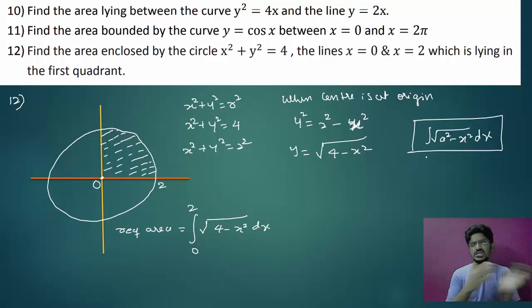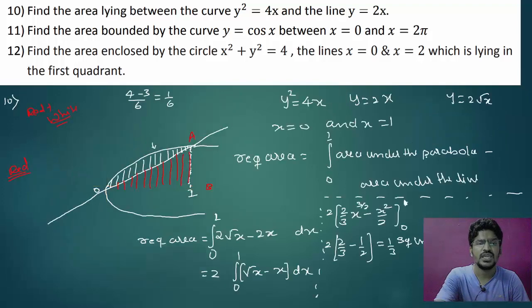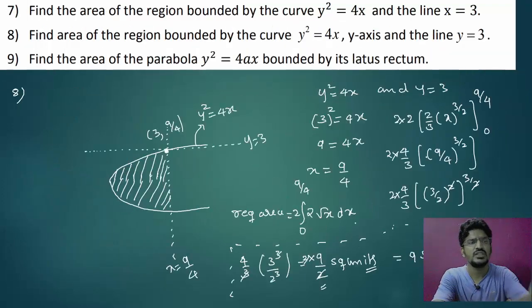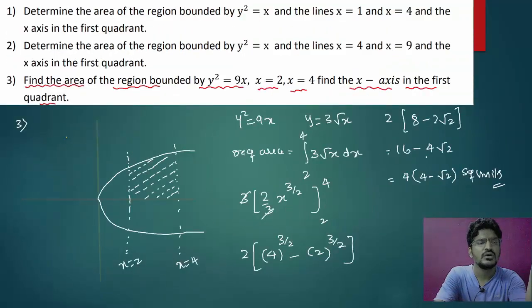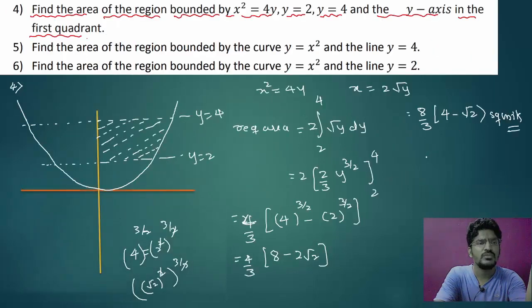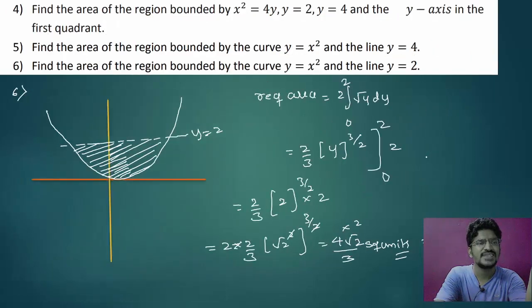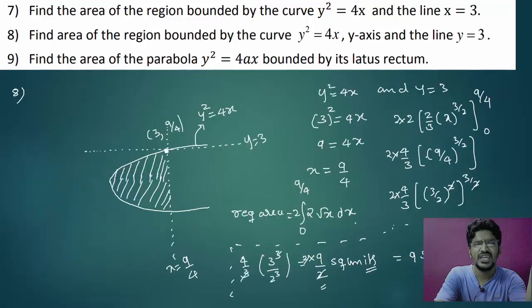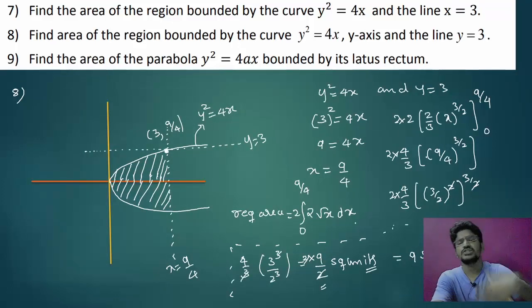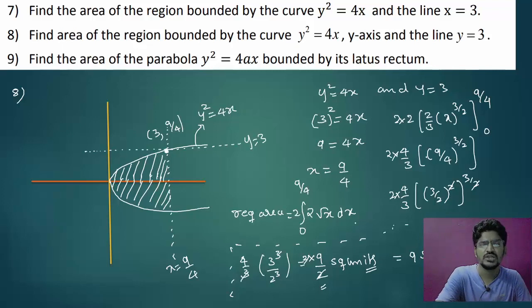So I have also discussed what mistakes we made yesterday. So please go through those mistakes and correct them, because there they have not given the first quadrant. So that's why I am telling. See, because in the fifth problem, sixth problem, seventh problem, as well as eighth problem, you have to just go through the corrections of that, and you have to do the correction, just multiplication of 2.